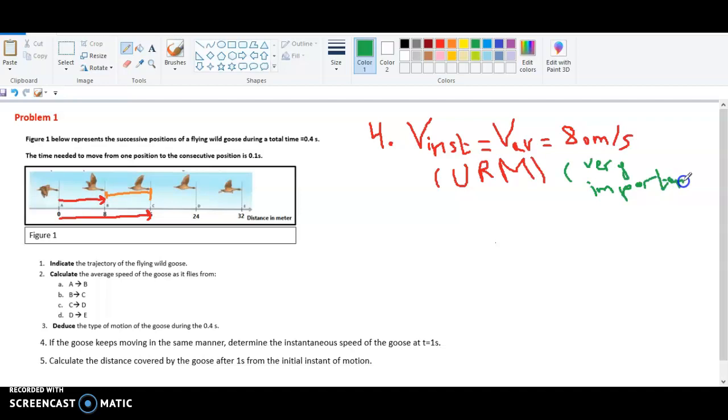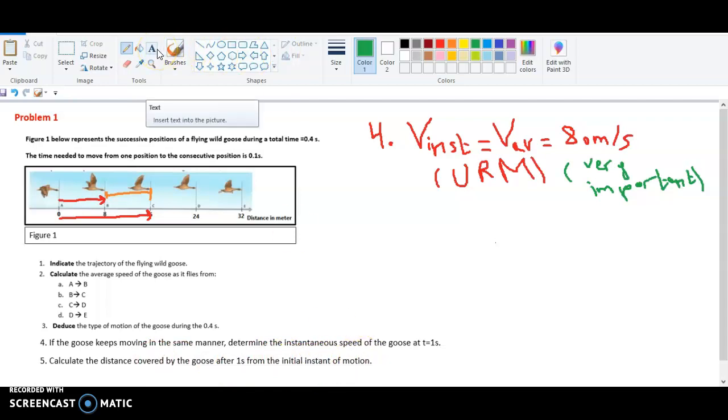Because the speed is constant, the moving object covers equal distances during equal intervals of time, and thus V average is the same and is equal to the instantaneous speed. So calculate the distance covered by the goose after 1 second from the initial instant of motion.